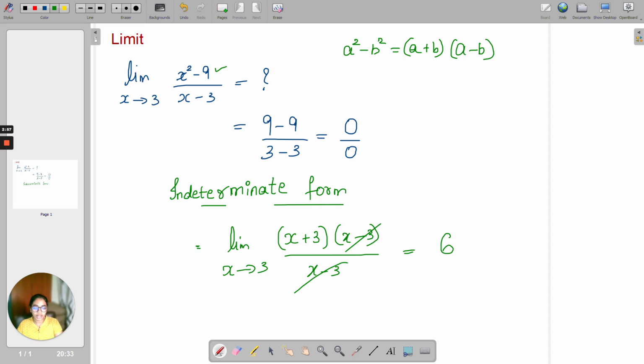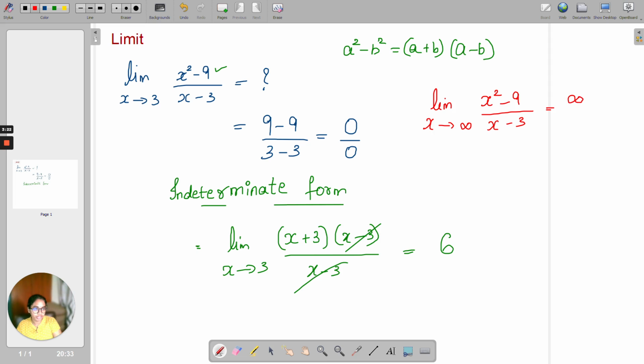Now, are there any other indeterminate forms? Let's take the same question, limit x tends to infinity of x square minus 9 divided by x minus 3. What would I get?